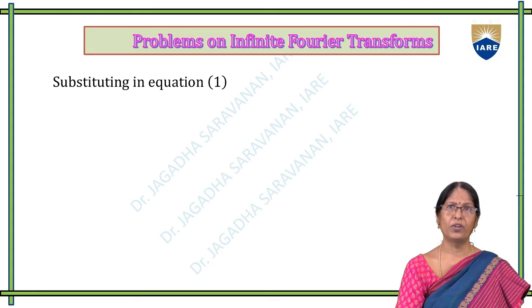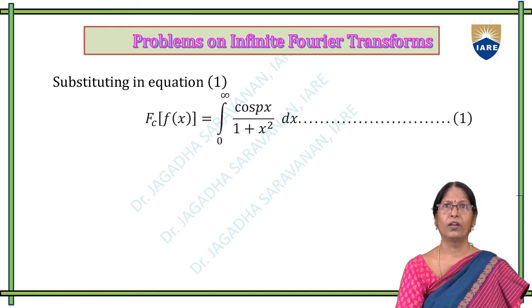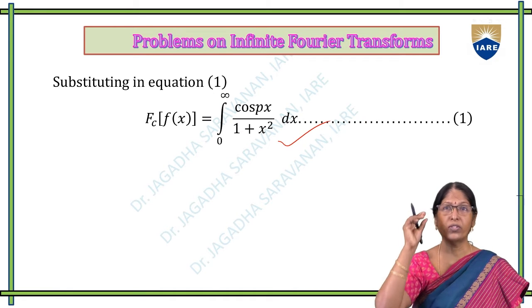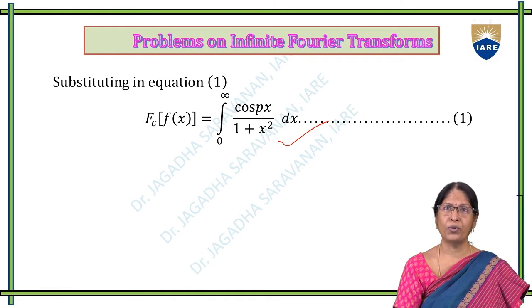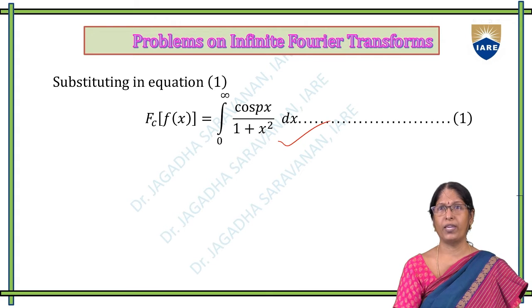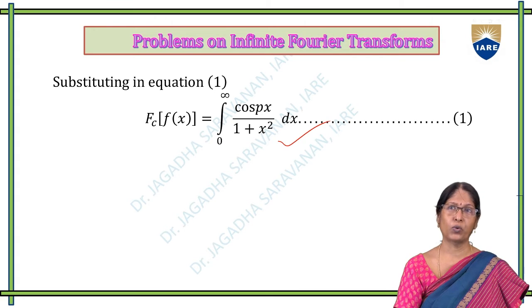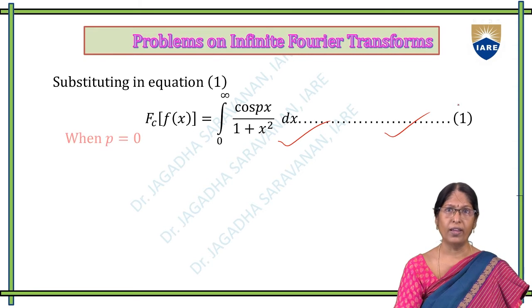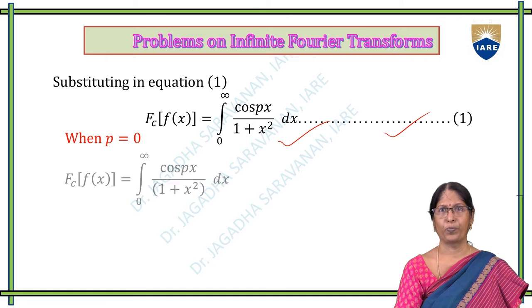So now we are going to the equation 1. This is our equation 1, that is Fc of f of x, the Fourier cosine transform of the function f of x, which is equal to integral 0 to infinity cos px by 1 plus x square dx, and we named it as 1, in which we are going to substitute p equal to 0.